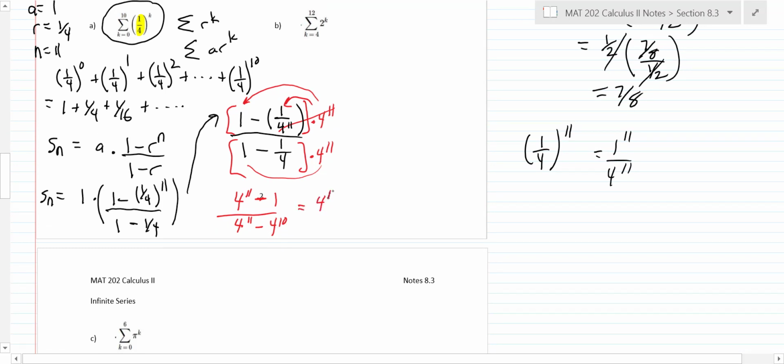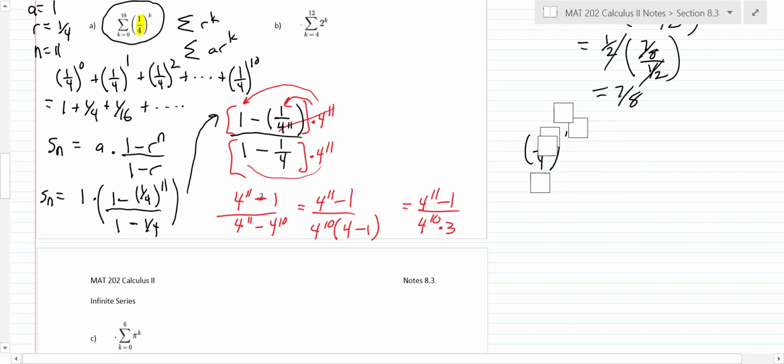You could have 4 to the 11th minus 1. If you factored a 4 to the 10th out of the bottom, you would have 4 minus 1. And then that would give 4 to the 11th minus 1 over 4 to the 10th times 3. That's what I was trying to get down to, that point right there.